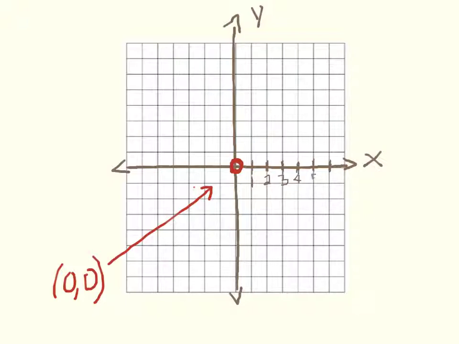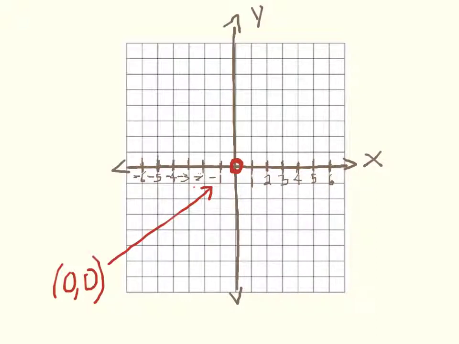Go ahead and label all of yours on the x-axis. And remember, now this coordinate plane also has negative numbers. So before 0, to the left of 0, I've got negative numbers like -1, -2, -3, and so on. Go ahead and label those.